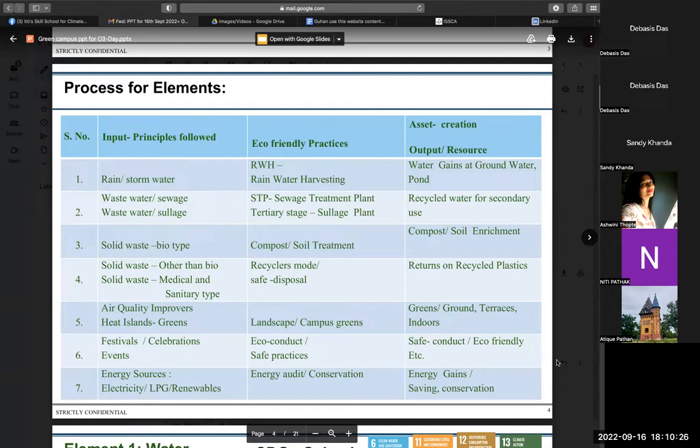Okay, first one is, I have told about the water, the clean water, that is the water which we use in the campus or in the home or in a college or in an institution. Next, we use the water and after single use, everyone says the water becomes wastewater. It should not.